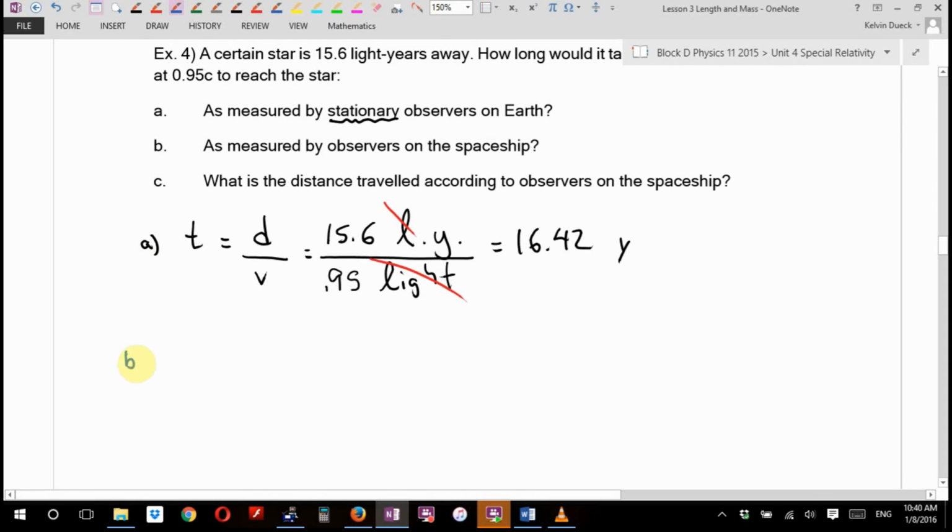B. As measured by observers on the spaceship. Okay, that's going to be T0. How do I get T0 by itself? Was that this one?